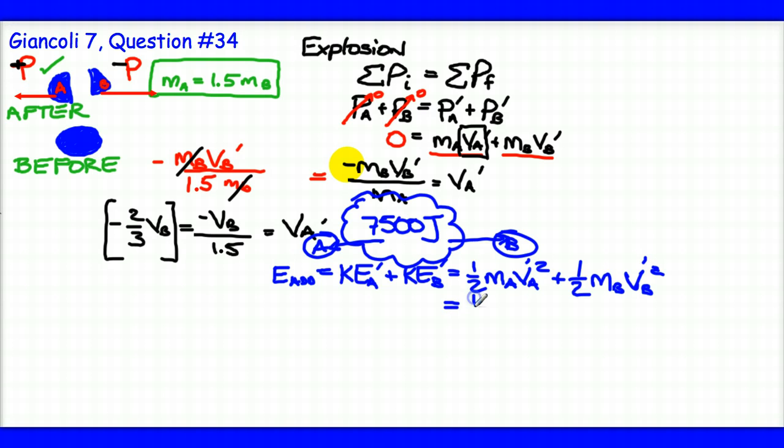So I'm going to write that here, 1/2 times 1.5 times the mass of B. I'm doing this because I want to get everything into terms of one of these kinetic energies. There's too many unknowns, so I'm substituting these things in, times v_A prime squared. And we also know that v_A prime is negative 2/3 the velocity of B. So let me go ahead and do that.